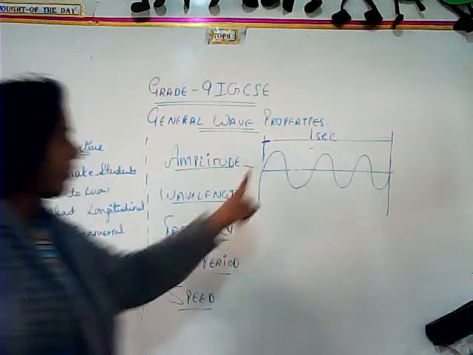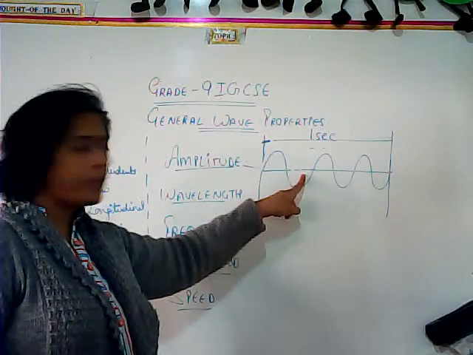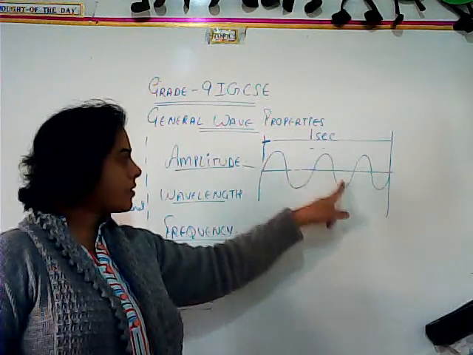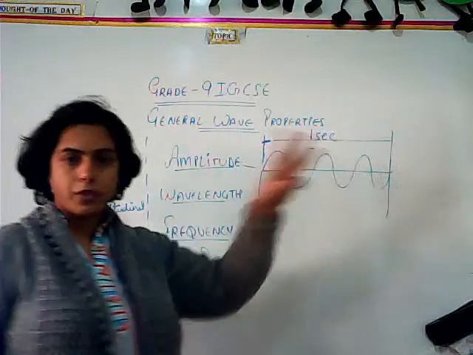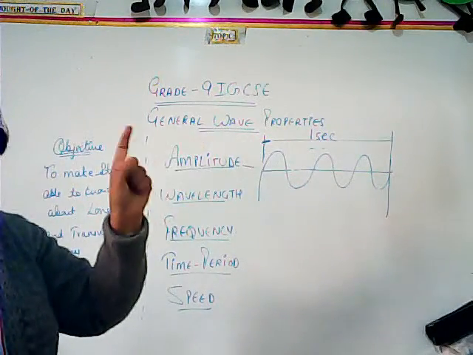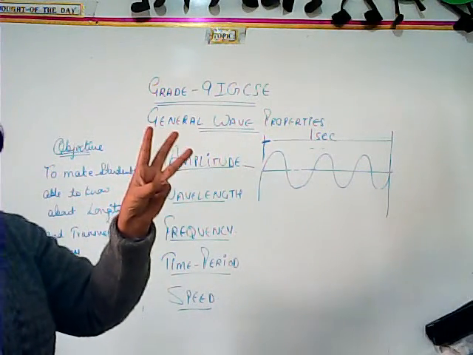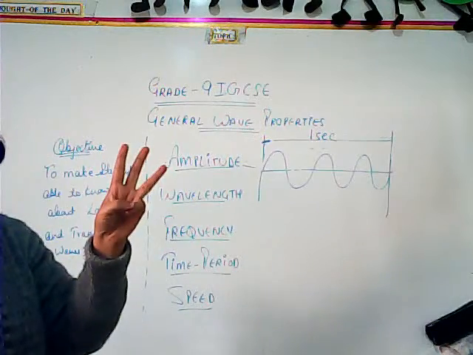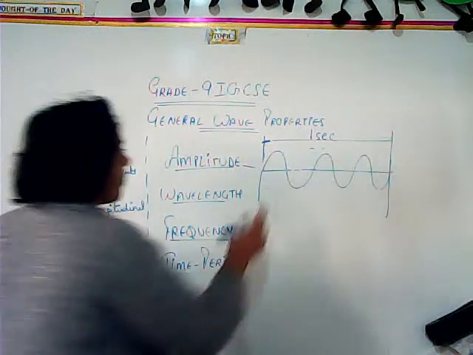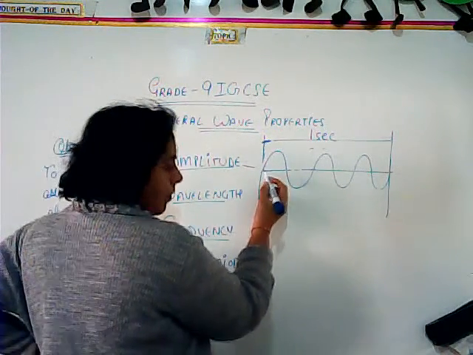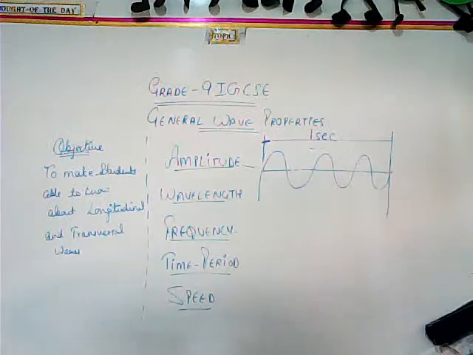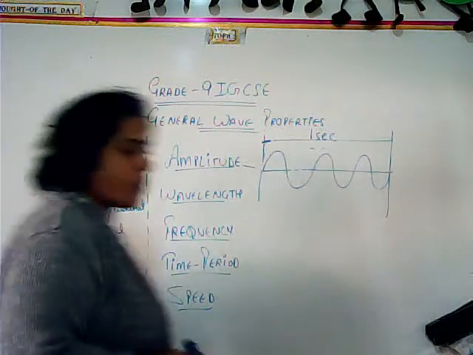Okay. So one trough is one wave, trough, second wave, trough, third wave. So 3 waves are there. Fine. In 1 second, how many waves pass? 3 waves. So what is the frequency? 3 hertz. Now, three waves passed in 1 second.